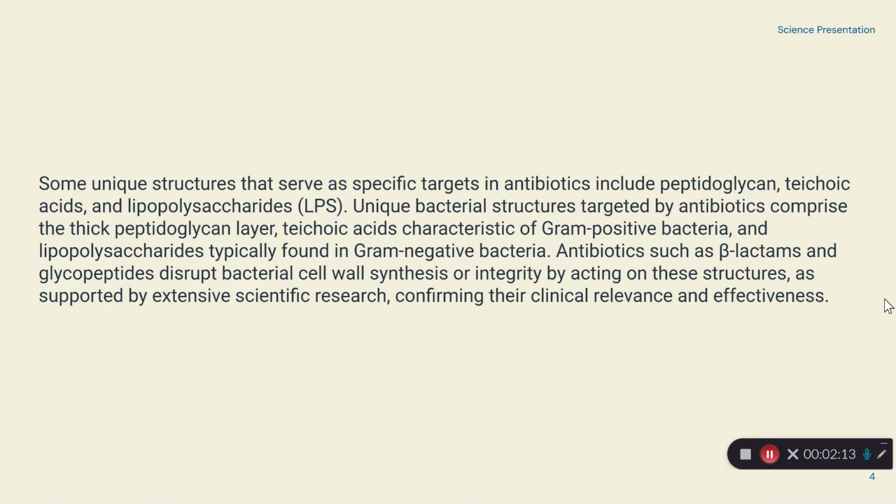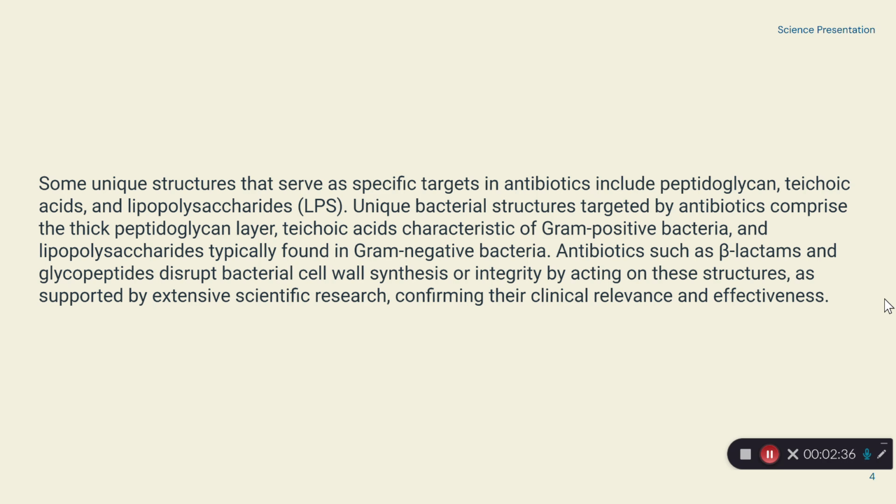Some unique structures that serve as specific targets for antibiotics include the peptidoglycan, the teichoic acids, and lipopolysaccharides, also known as LPS. They are unique bacterial structures targeted by antibiotics.